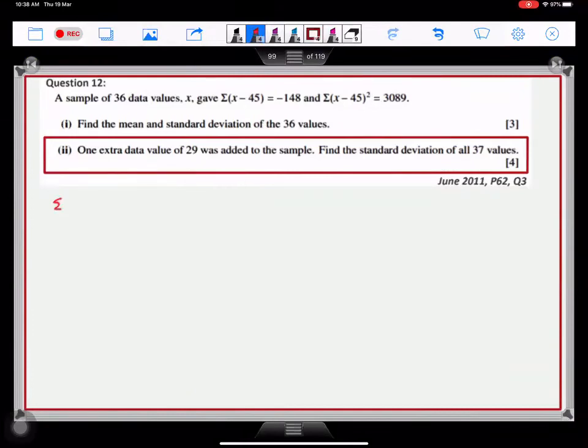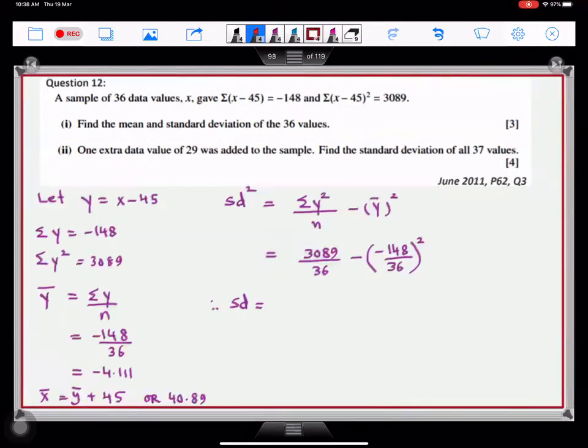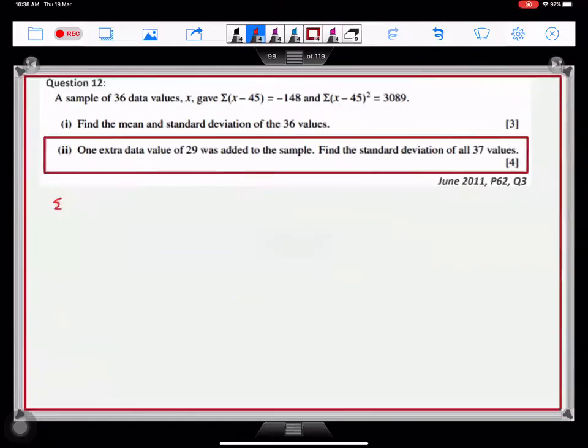If I want to work in the original, I don't have sigma x, correct? So I should calculate sigma x. We know that x bar is 40.89 and n is 36. Therefore, x bar is sigma x over n, so sigma x is n times x bar. That is 36 times 40.89.